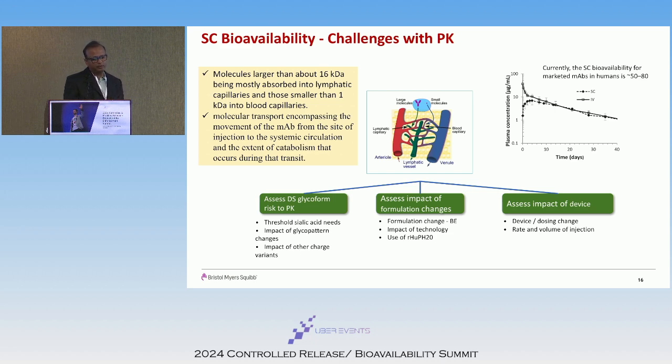For example, the drug substance change: the glycan profile of this biologic drug substance, the sialic acid, can have an impact on the PK and also the immunogenicity. Same thing for formulation, because when we switch from IV to SC, or change the concentration from low to high, or even change the formulation, we need to understand what is the impact on the PK and what is the impact on the tolerance.